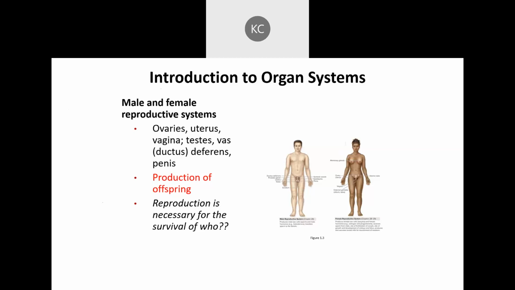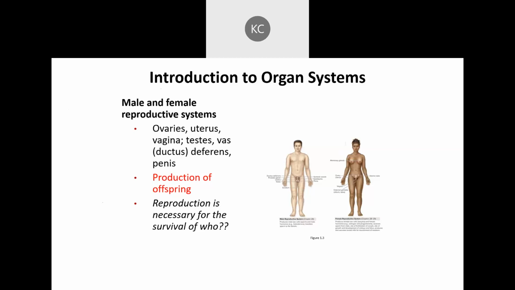So for females, you have things like the ovaries, the uterus, and the vagina. In males, you have structures that are different. They're in a relatively similar location, but you're going to have things like the testes. You're going to have something called the vas or the ductus deferens, and I'll tell you a little bit more about that in just a second. And then you have the penis as well, right?